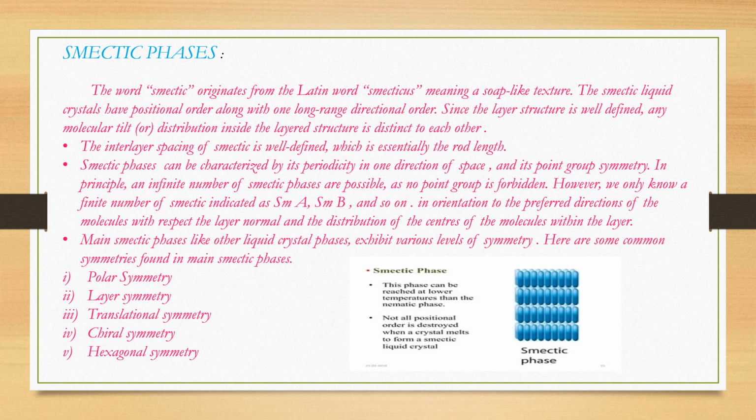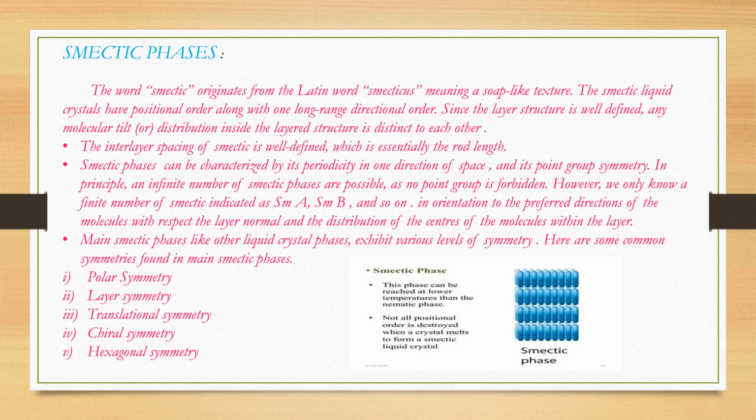The word smectic originates from the Latin word smecticus, meaning a soap-like texture. So it will have a texture of soap. The smectic liquid crystals have positional order along with one long range directional order. Since the layer structure is well defined, any molecular tilt or distribution inside this layer structure is distinct to each other.